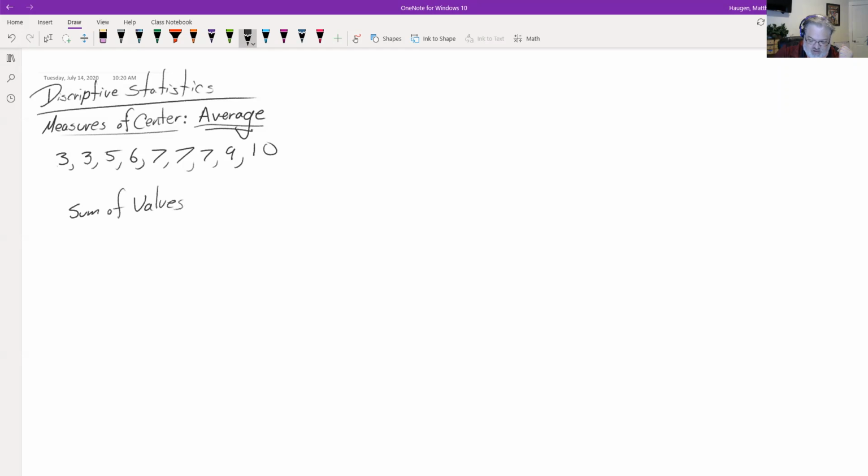Now, we're going to have to find sums a lot. So if we're going to have to find sums a lot, having to write out find the sum of is going to be kind of irritating after a while. So it might be nice to have a symbol that stands for add all these things up. And we have such a symbol.